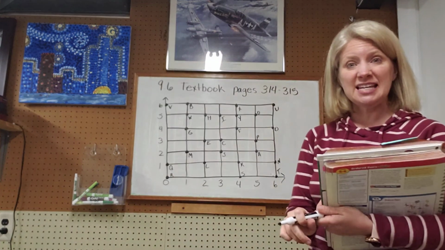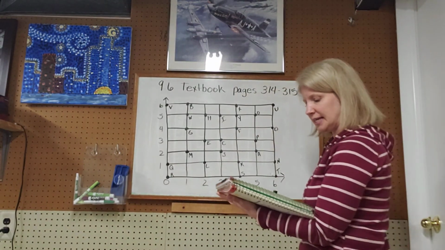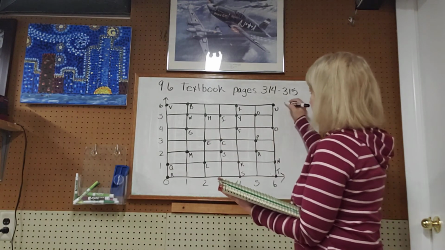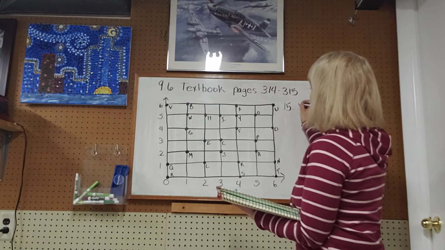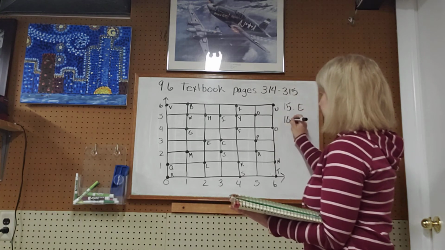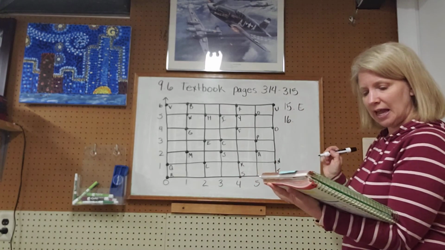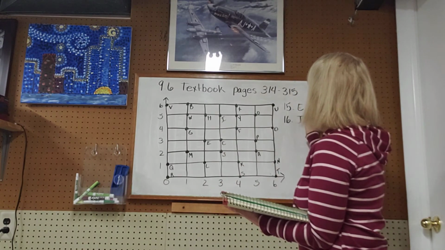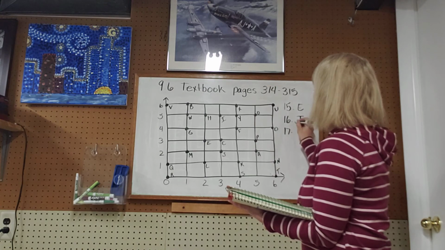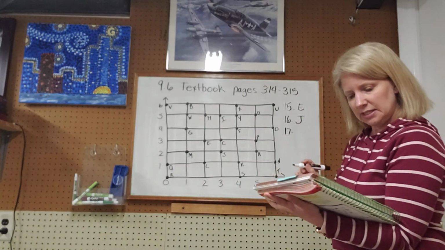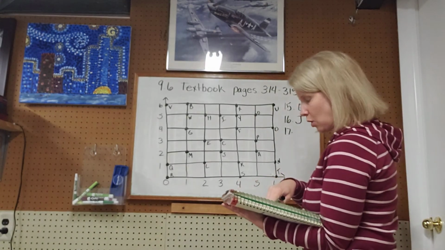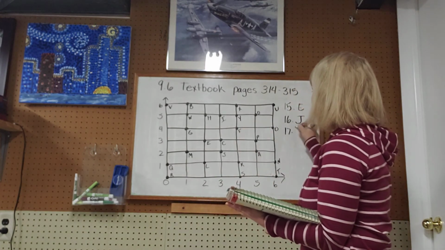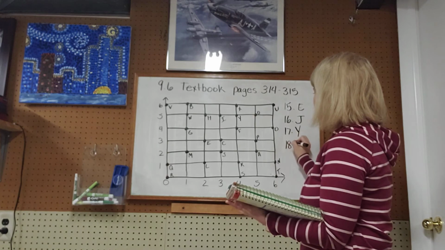Okay, 15. You should have gotten E. Over 2, up 3. 16. You should have gotten J. Over 3, up 2. 17 was over 4, up 5, and there's Y. 18.